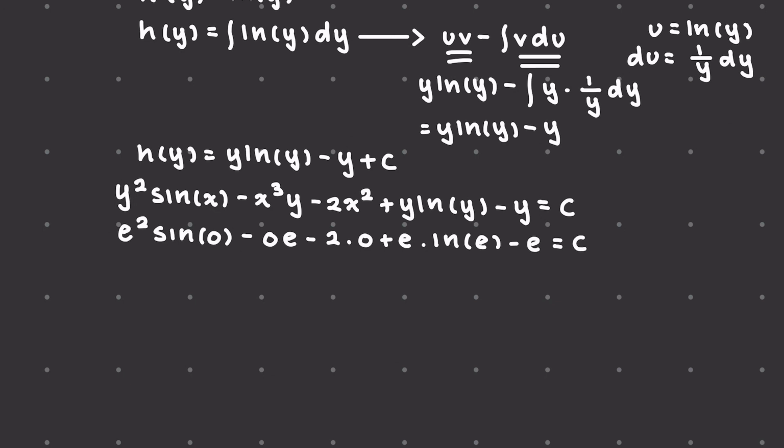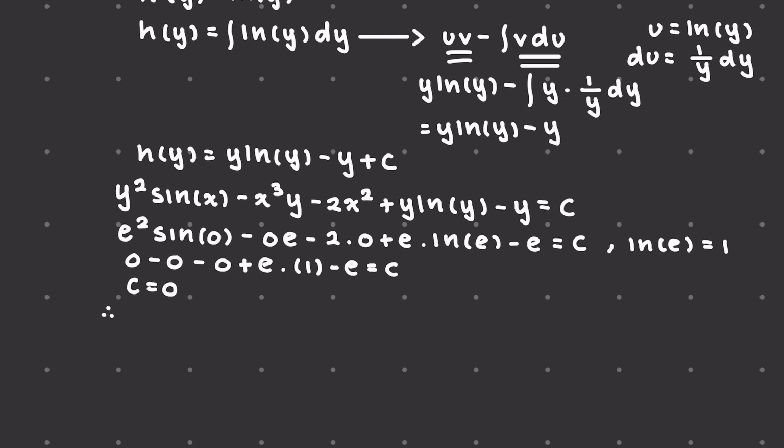And we know that this will equal 0 minus 0 minus 0 plus e times ln e. Remember that ln e is equal to 1, so e times 1 minus e equals c. And here we can see that c is equal to 0.